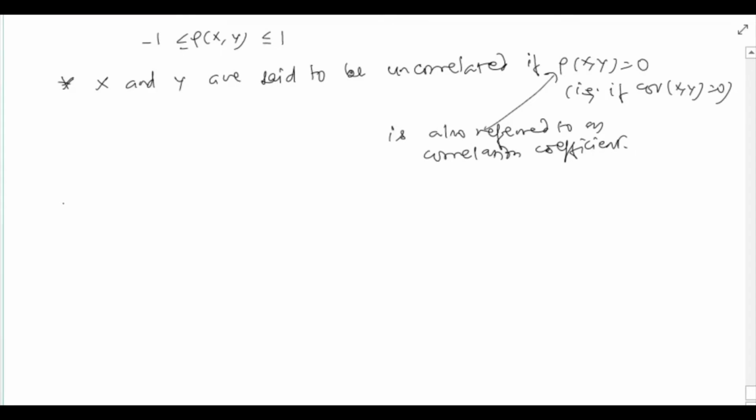Let's see a few more facts about correlation. If the two random variables x and y are independent, then they are also uncorrelated. We have already seen that in this case x and y have zero covariance, that means they have zero correlation, so they are also uncorrelated.